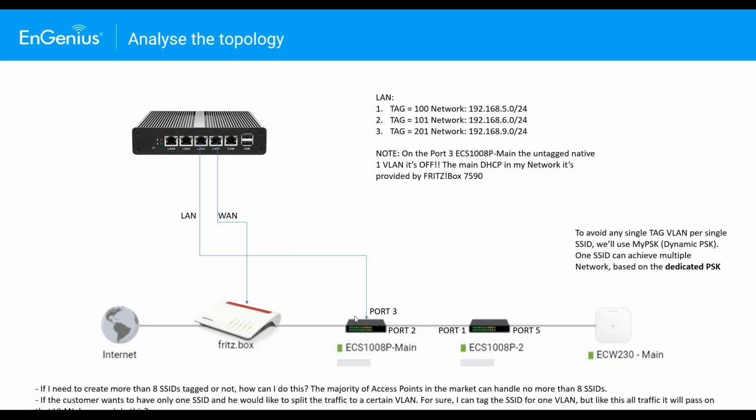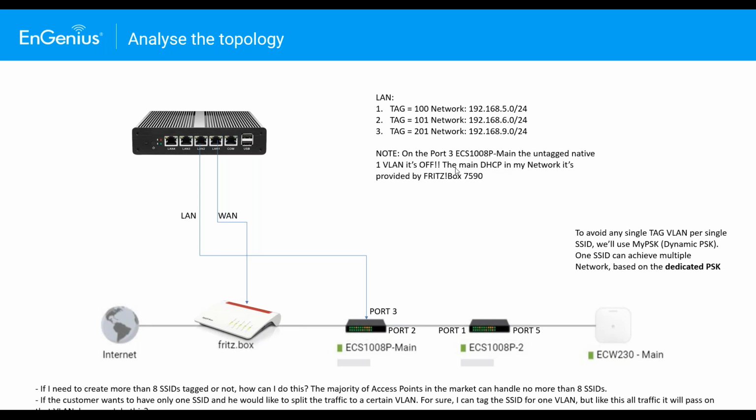Take a screenshot of this topology, please, because later I will show you how you can configure your switch also. And note on port 3, the untagged native VLAN 1 is off.